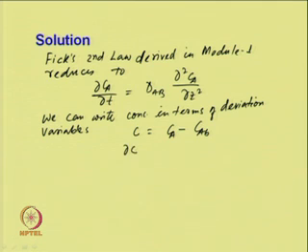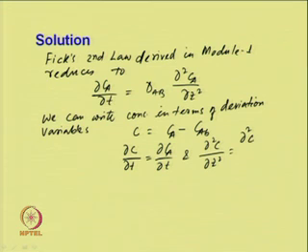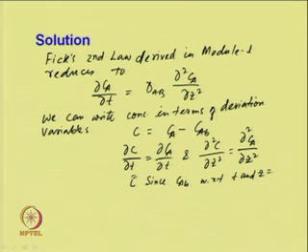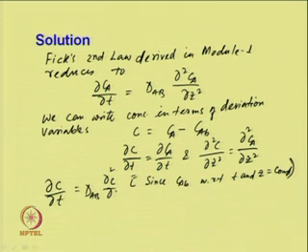Then we can write ∂C/∂t will be equal to ∂C_A/∂t, and ∂²C/∂z² equal to ∂²C_A/∂z². Since C_A bulk, as we can see from the boundary conditions, with respect to time and space is constant, these equations reduce to ∂C/∂t is equal to D_AB ∂²C/∂z².